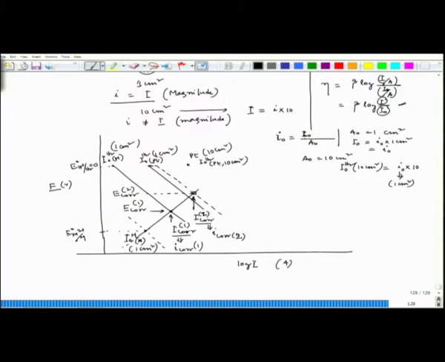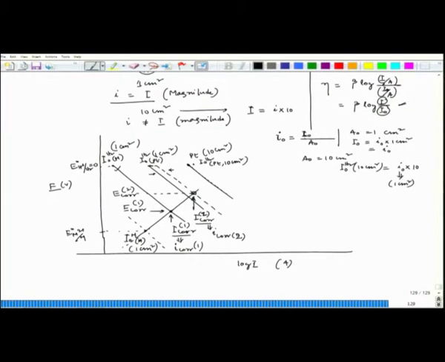It would have its own polarization, and then you have to add this current, because this particular part is for 1 centimeter square. Now, I have replaced this 1 centimeter square platinum area with the 10 centimeter square platinum area.